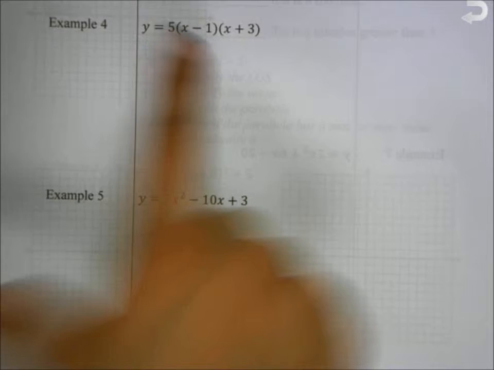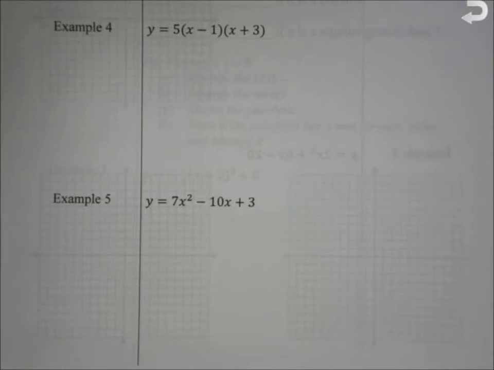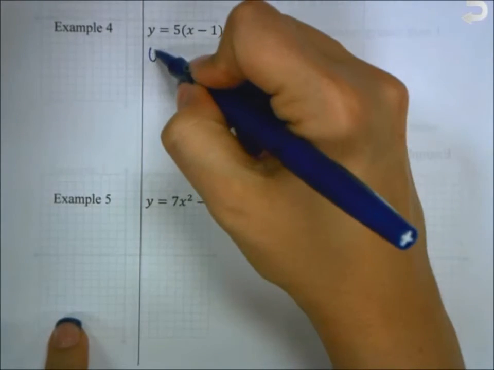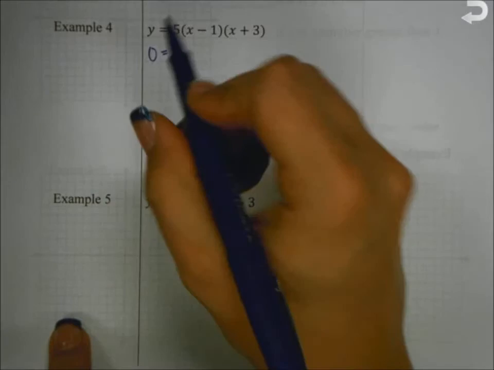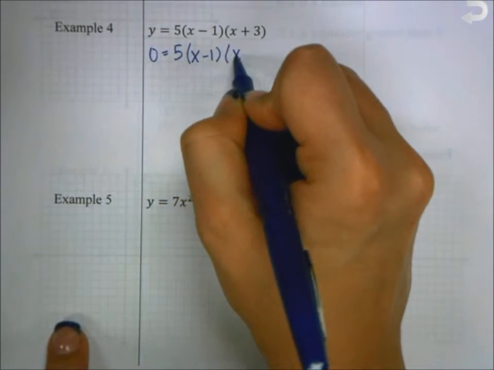Okay, so example 4 is pretty easy for us because we already have everything factored. The only thing we have to do is set y equal to 0. 5 times x minus 1 times x plus 3. Okay. And then how many factors do I have in this example?